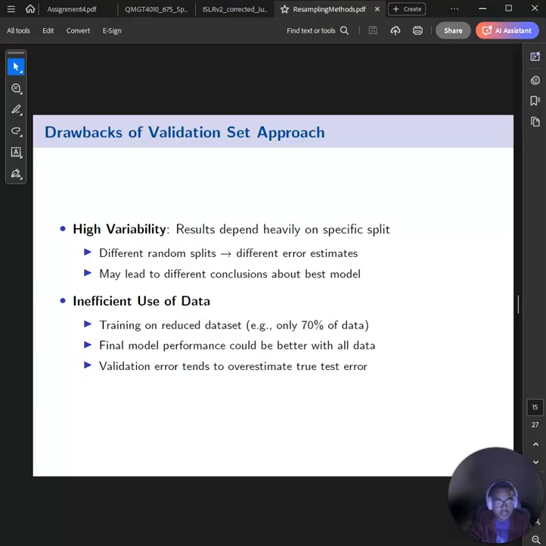Because of this reduced training set size, validation error tends to overestimate the true test error. When we eventually train our final model on all the data, it will likely perform better than our validation estimate suggests. These limitations motivate the development of more sophisticated approaches like cross-validation, which we will discuss next.